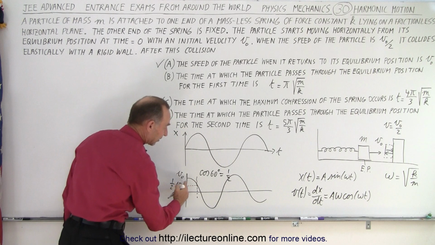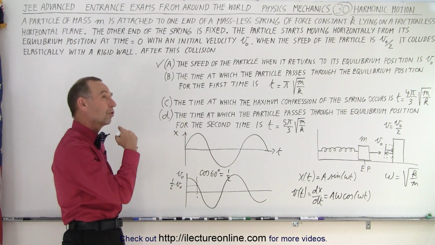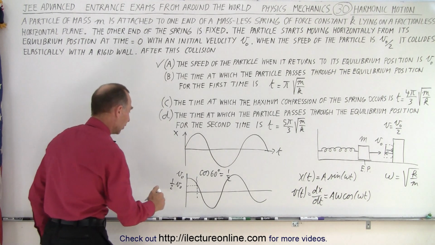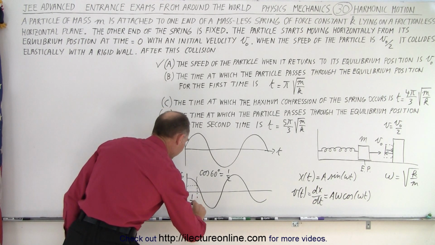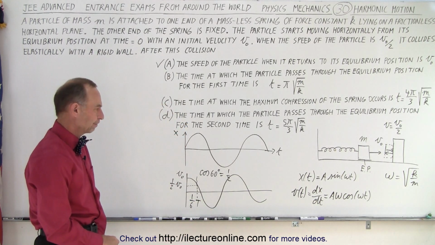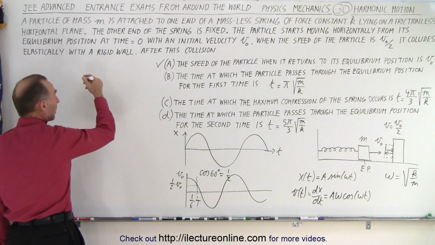That means that 60 degrees have passed in terms of 360 degrees. So 60 divided by 360 is 1/6 of a period. So this would mean 1/6 of a period. Now, what is a period? Well, we know that the frequency is related to omega as follows.